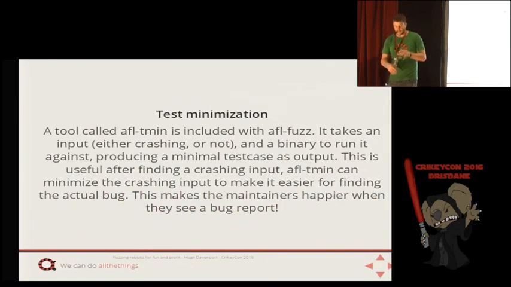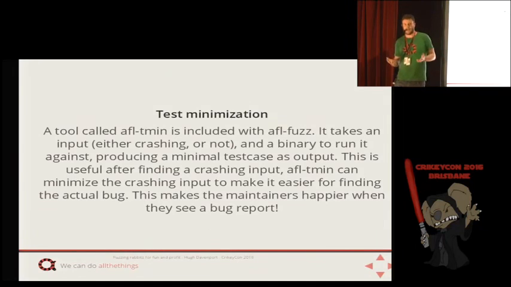So the test minimization, I find this useful because when you're generating inputs, they tend to get a bit longer and longer, sometimes shorter, sometimes longer. But the input that you get looks kind of random. By definition, it is just random input, that just happens to crash the program.